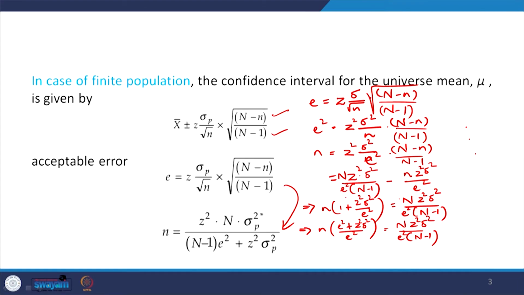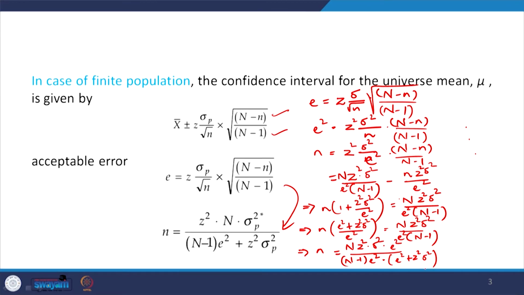So, n times (1 plus z squared sigma squared divided by E squared (N minus 1)), that is, E squared (N minus 1) plus z squared sigma squared, is clearly given here. Now, in our equation it will be multiplied with E squared. So, n is equal to capital N times z squared, then sigma squared is already given, and E squared is also multiplied, whole divided by (N minus 1) E squared, times E squared plus z squared sigma squared.